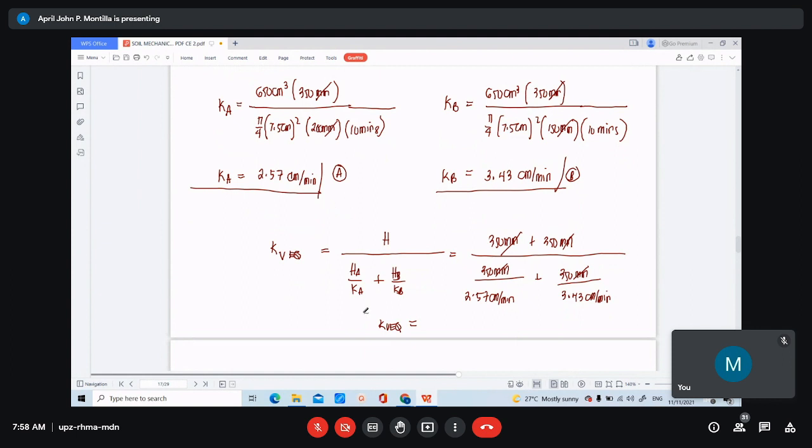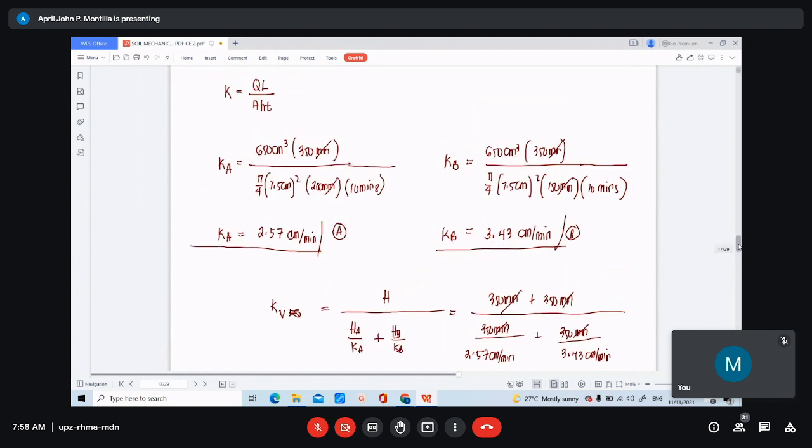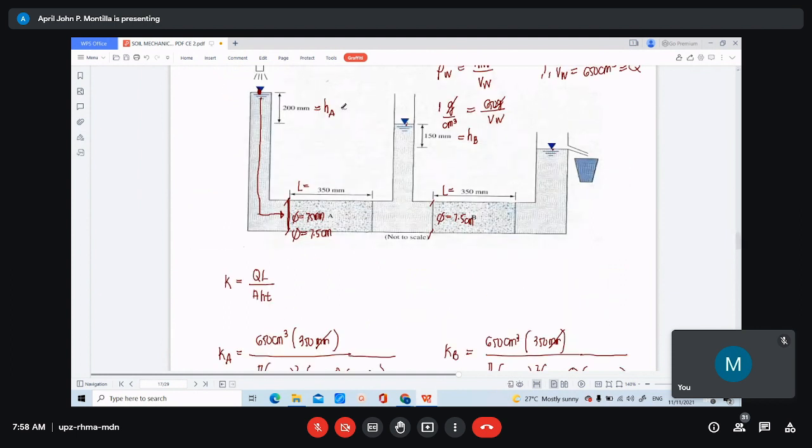Ano yung sagot niyo dyan? 2.94 centimeter per minute. No? Additional question, kumbaga pag naipad na itong, that will be your answer. What if, in this setup, maglalagay pa ako ng piezometer dito sa part ng soil A na yan.